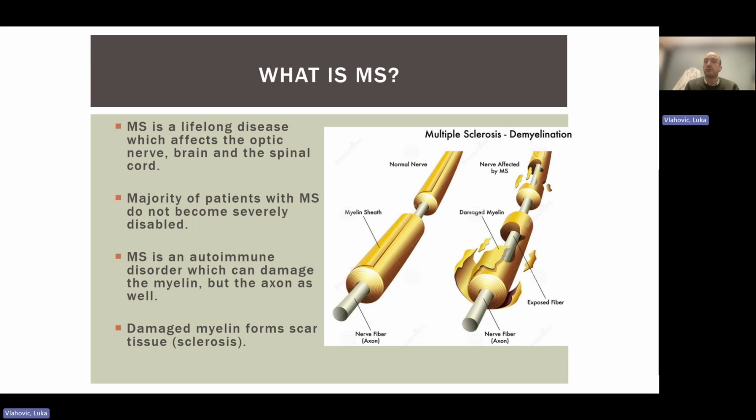The main one is being protective and also allowing very fast propagation of nerve impulses that allow our system to work properly and get all very complex function done. You can see on the right how it can be damaged in case of inflammation that we see with multiple sclerosis.